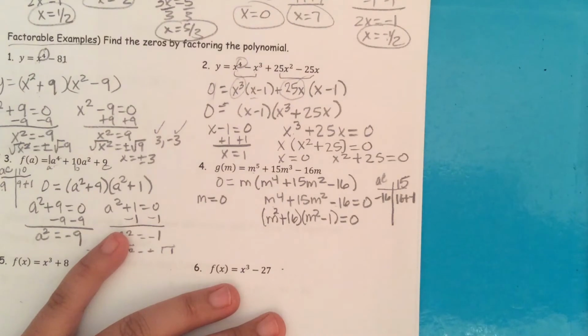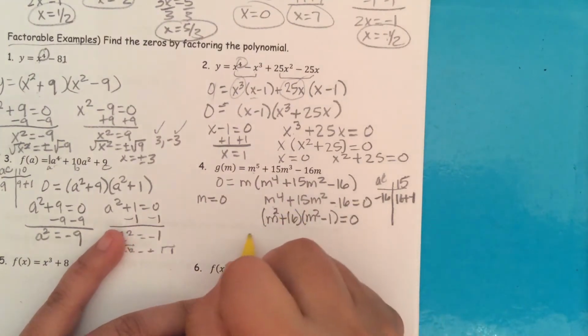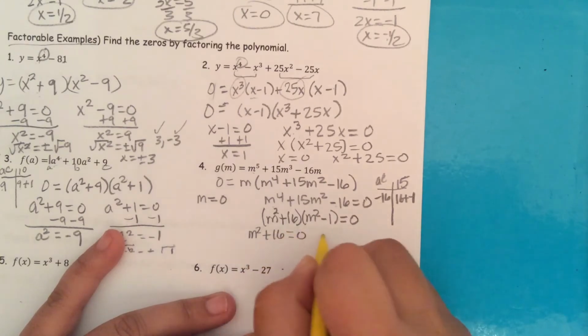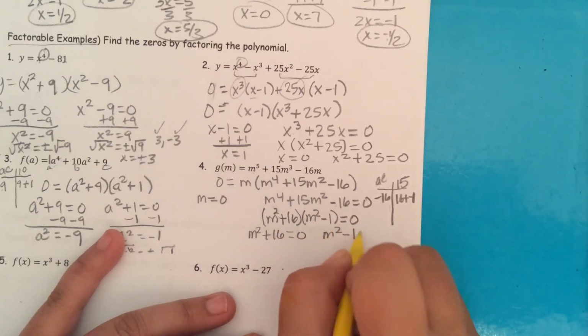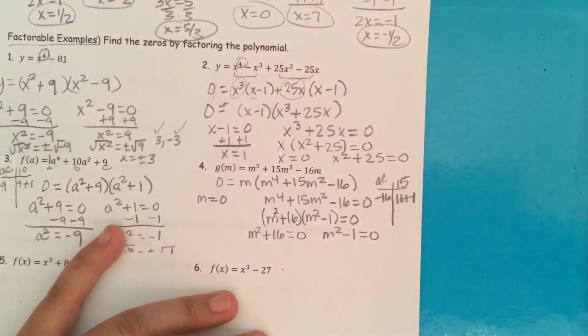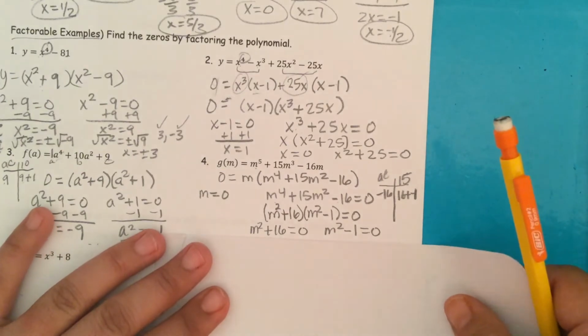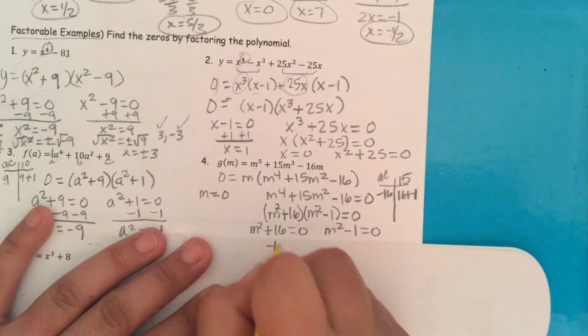And so now we set each factor equal to 0. So m squared plus 16 equals 0, and m squared minus 1 equals 0. So now I'm going to solve for m. I'm going to subtract the 16 right here.